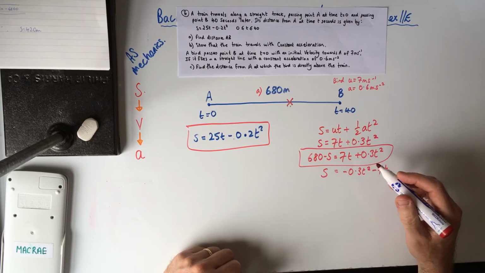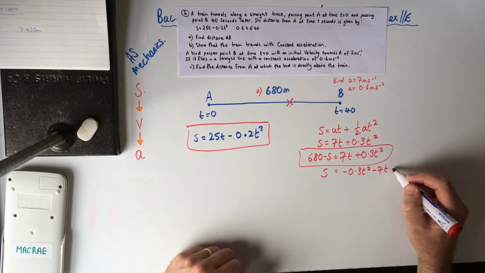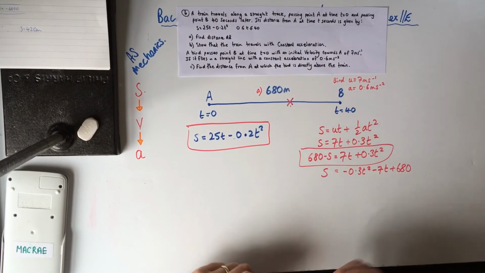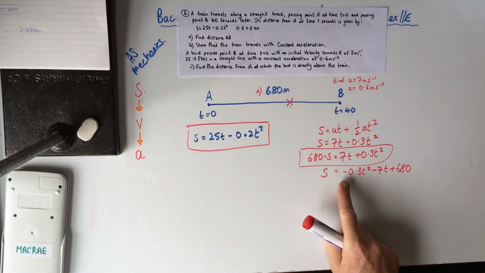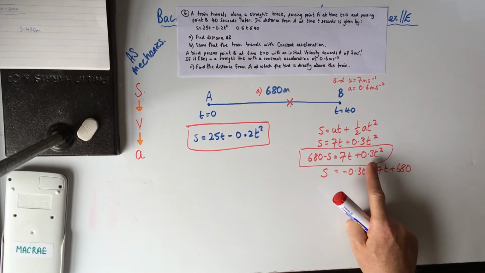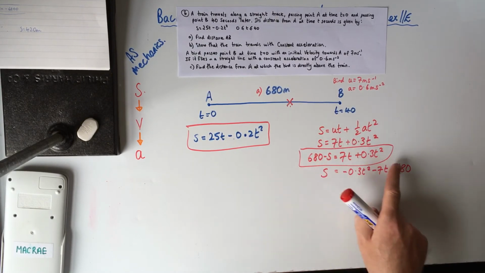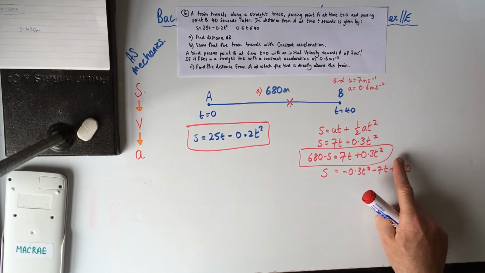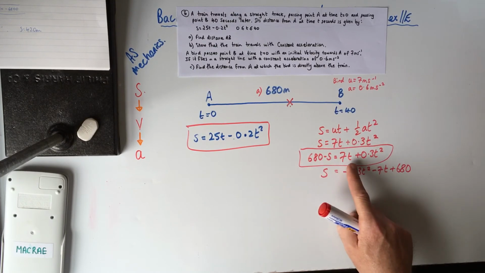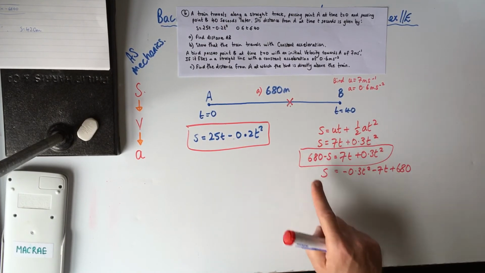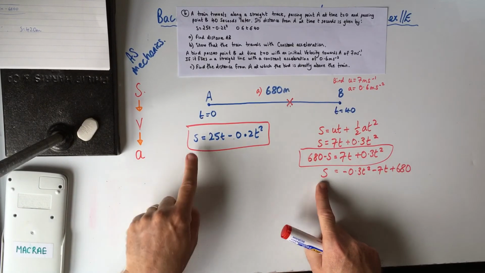And I've got plus 680, so that's our equation. This is just this rearranged. Sorry, I did that all in one go, so just be careful that you rearrange this correctly. You can see what I've done: I've taken that over there, I've got a positive 680, a minus 7t, and a minus 0.3t squared. I did that so I can just put these equal.